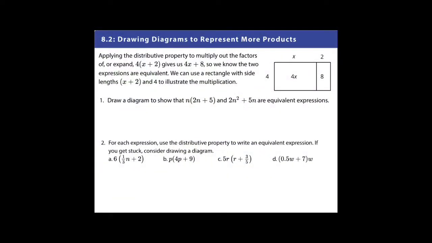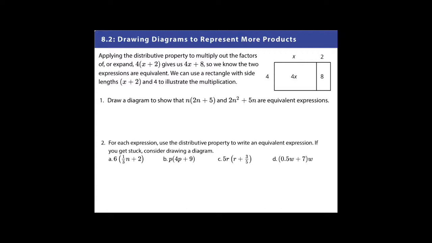So example 2, applying the distributive property to multiply out factors, or expand, 4 times the quantity x plus 2 gives us 4x plus 8. So we know the two expressions are equivalent. We can use a rectangle with side lengths x plus 2 and 4 to illustrate the multiplication, which is to the right.